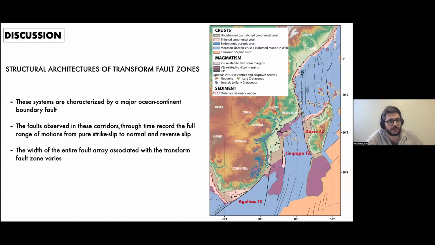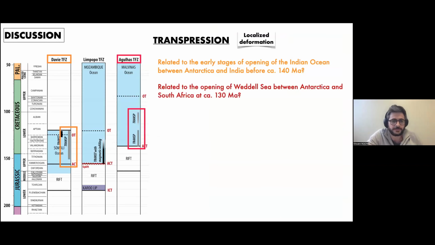There is a clear corridor of faults. It's not just one fault alone through time, and we can record several motions. And the width of the faults associated with the transform faults varies. This is very important in the case of the Limpopo in this area.